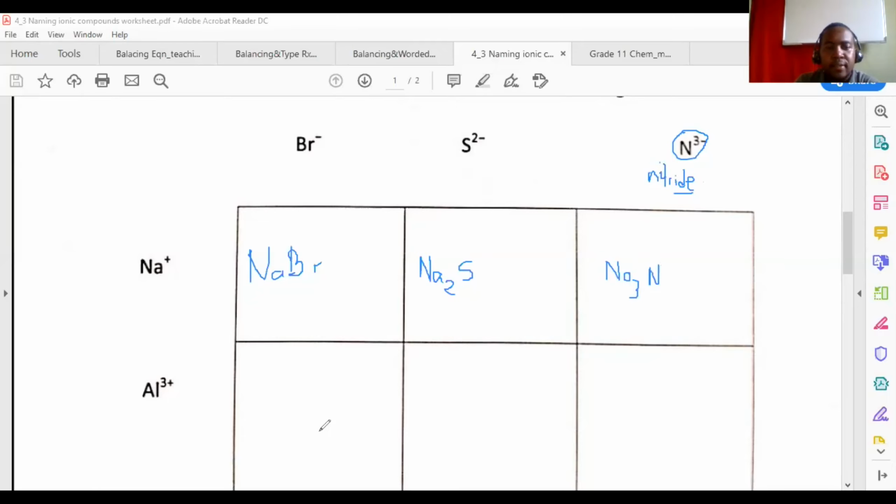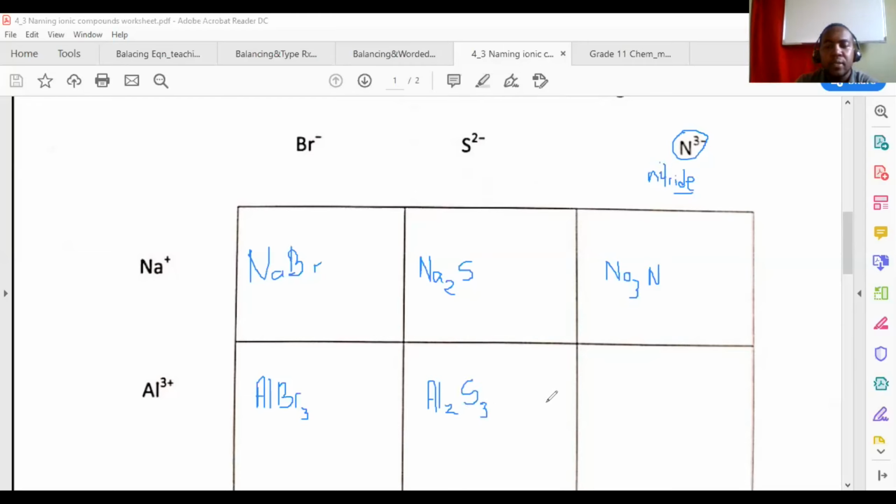Last set: aluminum now with these. Al3+ and Br- gives us aluminum bromide, which is AlBr3. The next one would be aluminum sulfide, which is Al2S3.